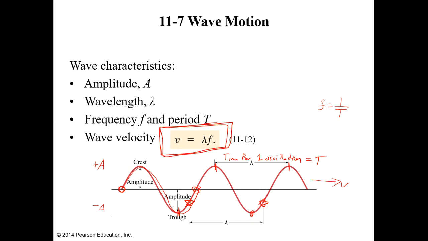The velocity of a wave is going to be the product of the wavelength and the frequency. I should mention here, I forgot to mention this earlier, the wavelength, this upside down Y is what it looks like. That's the Greek letter lambda, and it's the symbol we're going to use for wavelength.